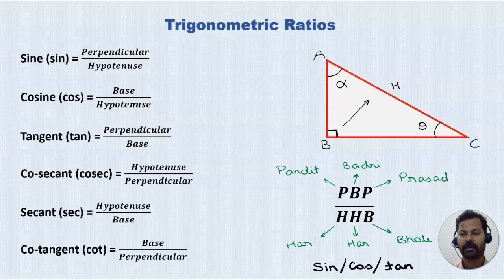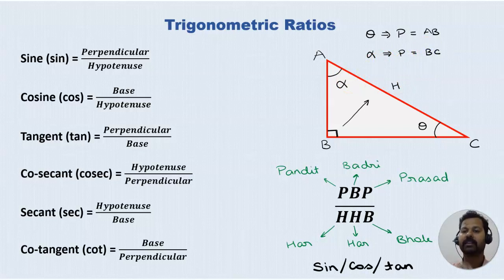that side will be your perpendicular. So for angle theta, our perpendicular side will be what? AB. Always remember the side which is opposite to the angle is perpendicular. And if we are talking about alpha, then our perpendicular side will be what? That is going to be BC.